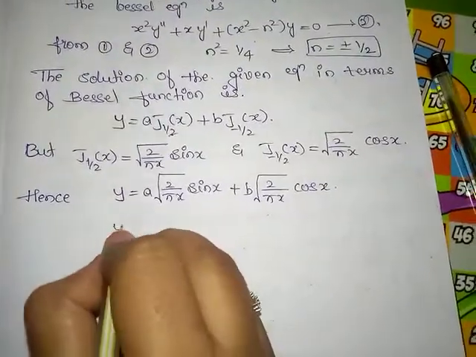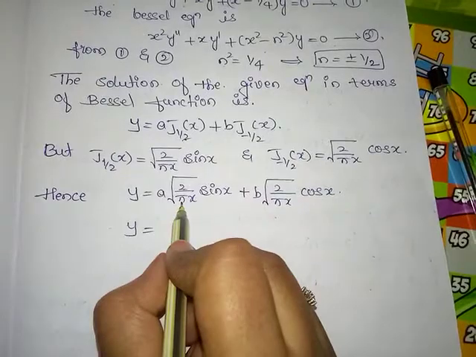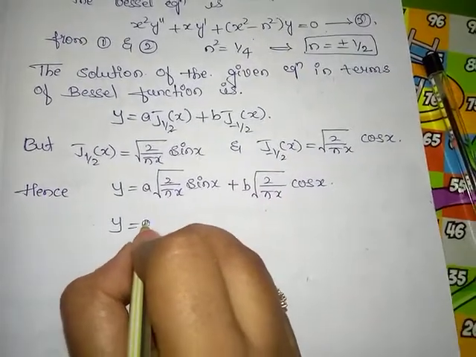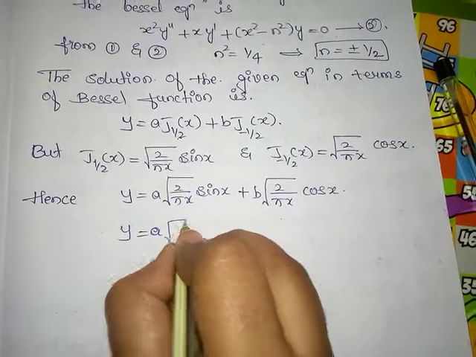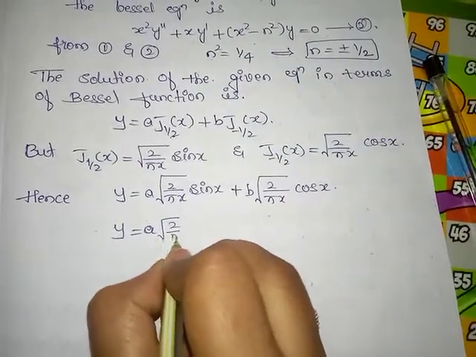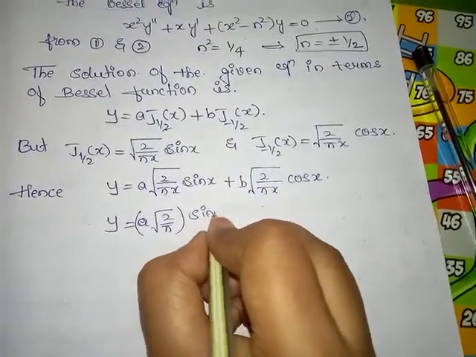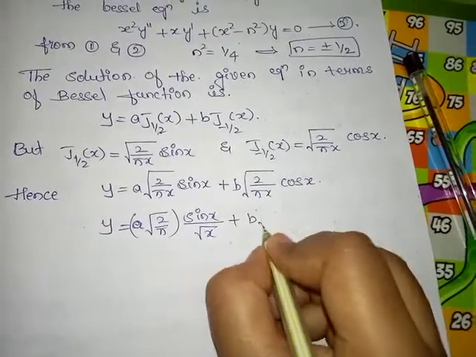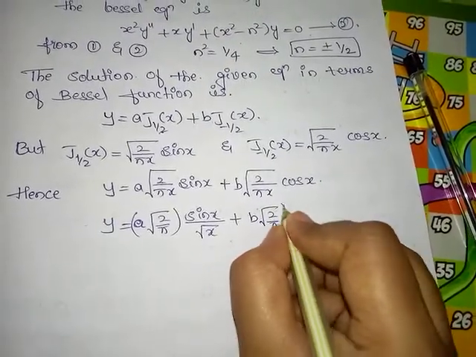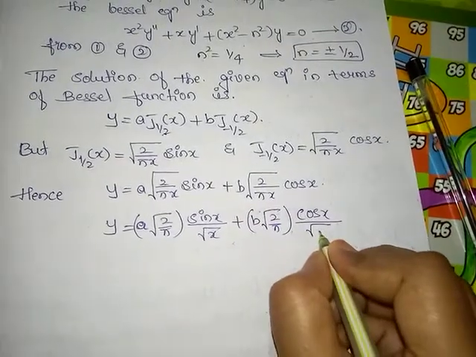See here, square root of 2 by π is constant. I will write this as a square root of 2 divided by π into sin x divided by square root of x plus b square root of 2 by π into cos x divided by root x.